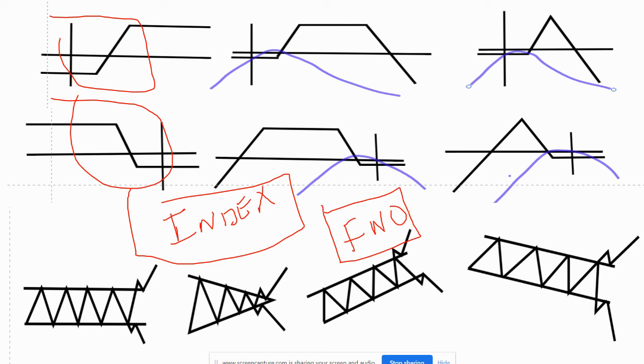If you end up in illiquid stocks, you'll end up in problems. So create a wish list of all the top leaders in the sectors, come up with 10 to 20 stocks, and then you can trade these plain debit spreads, vertical spreads, in your FNO stocks also.